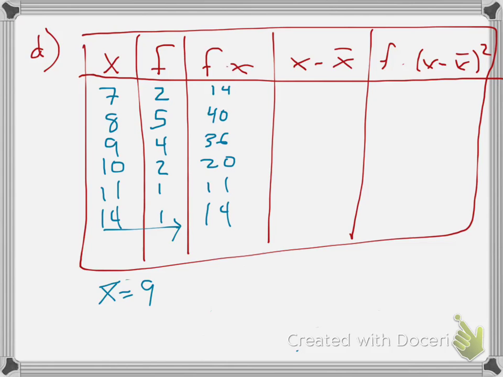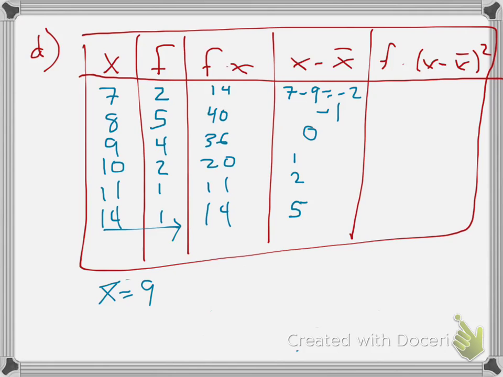When I do x minus x bar, I'm taking my value of x, 7, minus the mean, 9. It's going to be -2. In other words, 7 is 2 below the mean. And 8 is -1. 9 is the mean, so it's 0. 10 is 1 above the mean. 11 is 2 above the mean. And then 14 was a whole 5 above the mean.